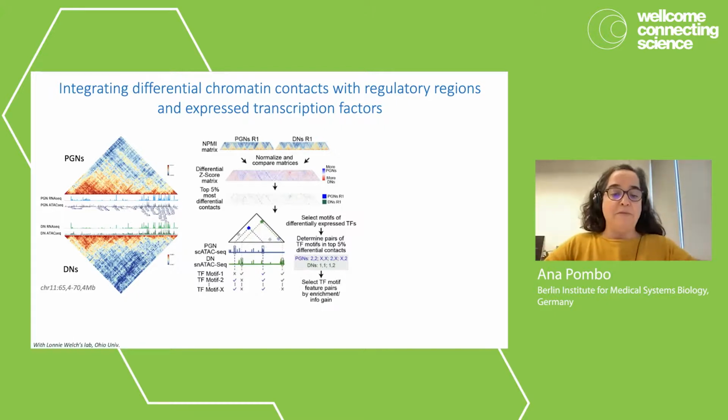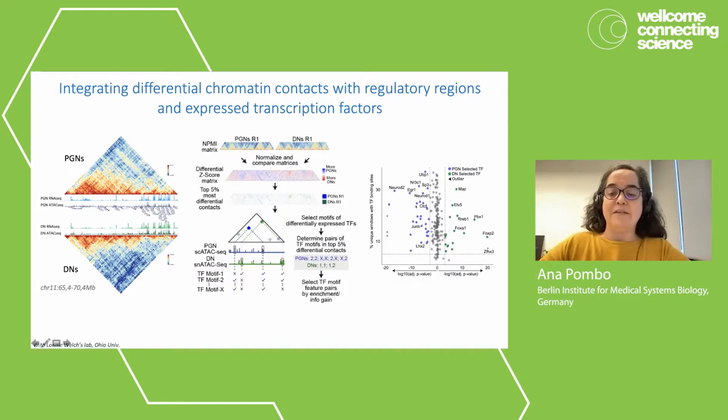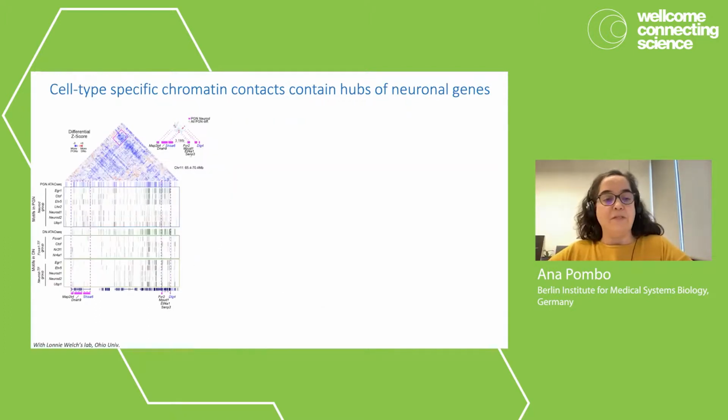Now, there are many transcription factors that are expressed in the two cell types. As a first approach, we decided to focus only on the TFs that are more highly expressed in one or the other cell type, which are represented here. And it was only for these transcription factors that we then searched whether their transcription factor binding sites were present within the ATAC-seq regions. Now, this is one example. Again, we have these very long-range contacts here.